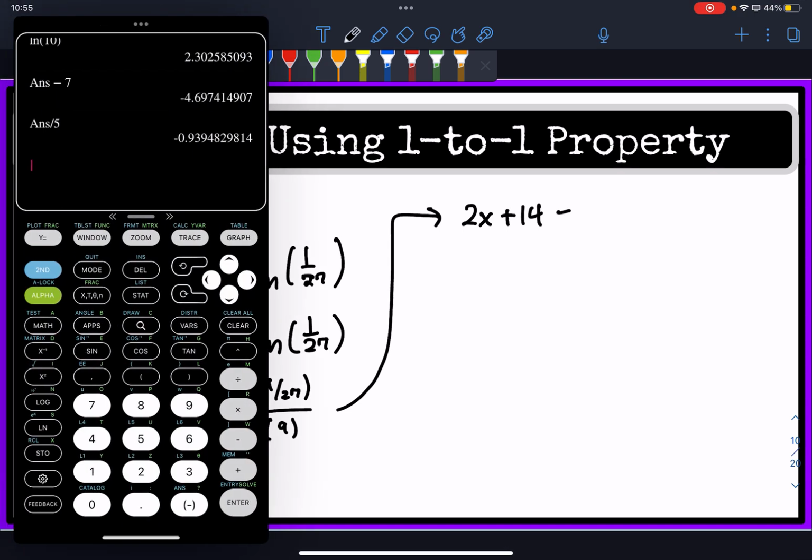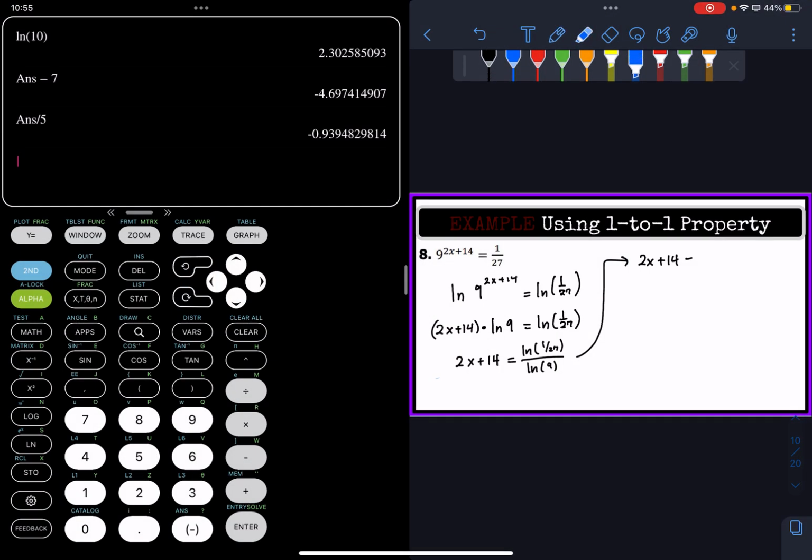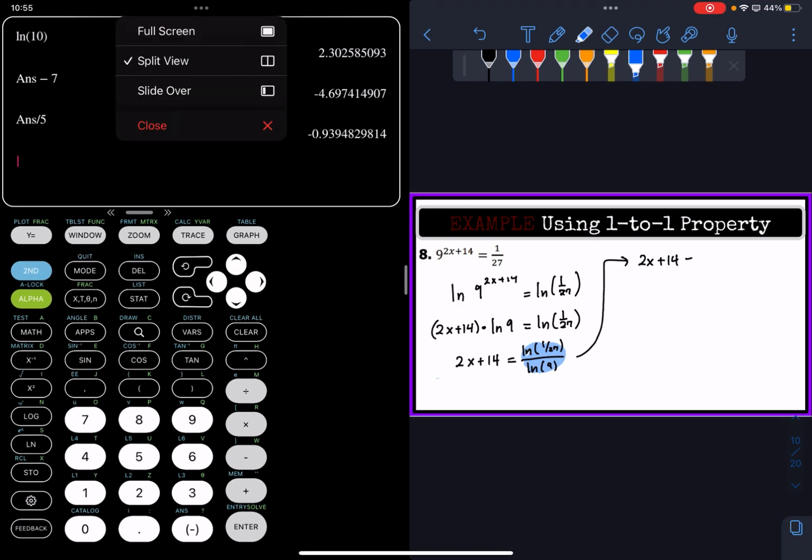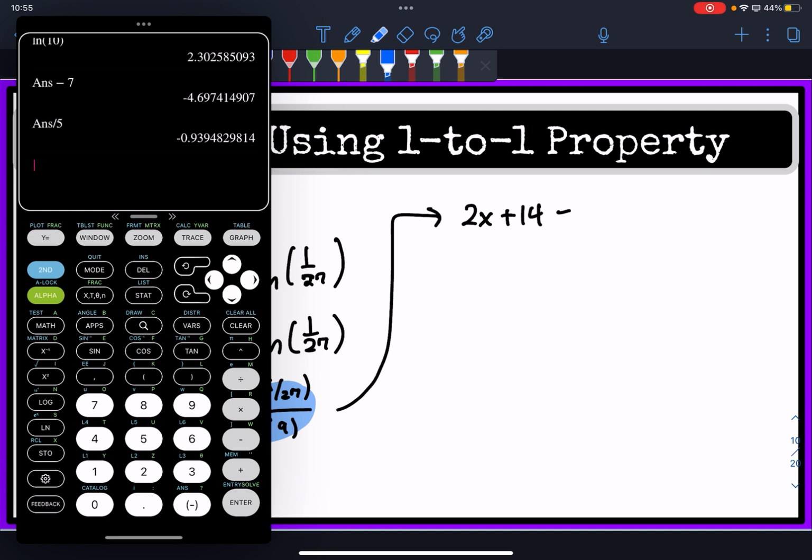And now let's use our calculator and figure out what that is. So let's plug this into our calculator. The natural log of 1 over 27, close the parentheses, and divide that by the natural log of 9. That's negative 1.5. So we get exactly negative 1.5.